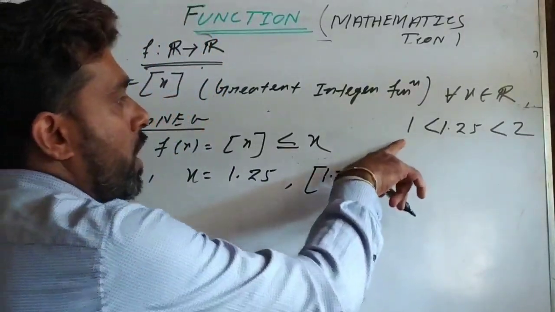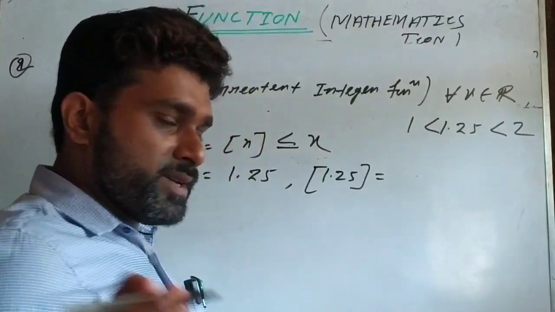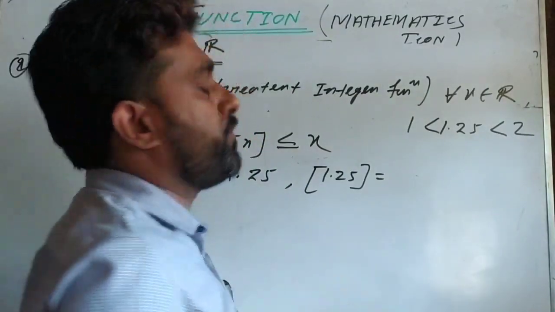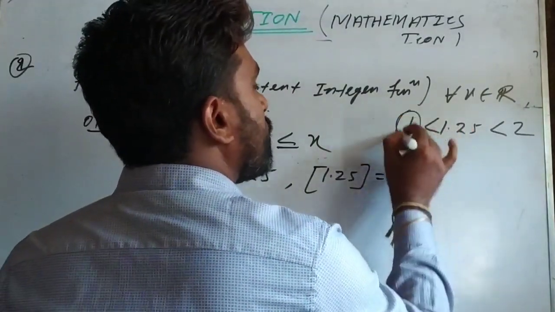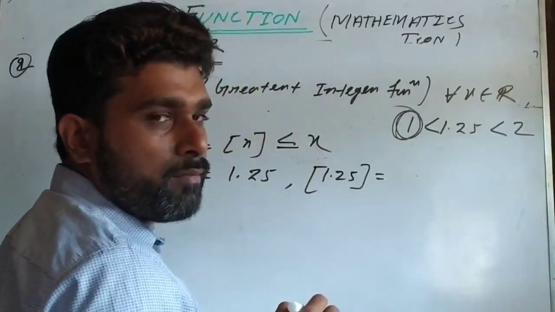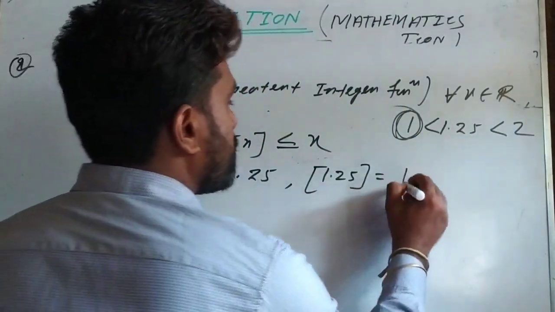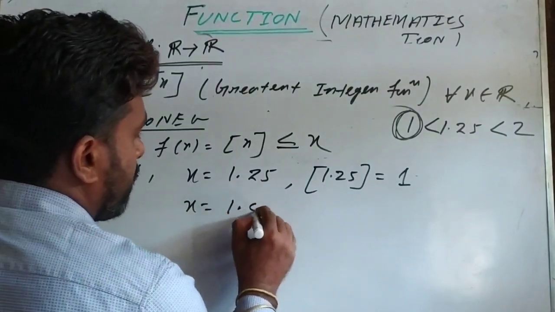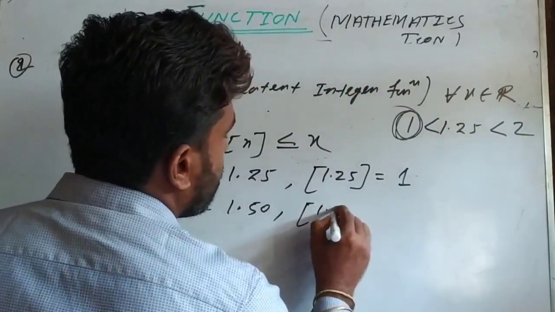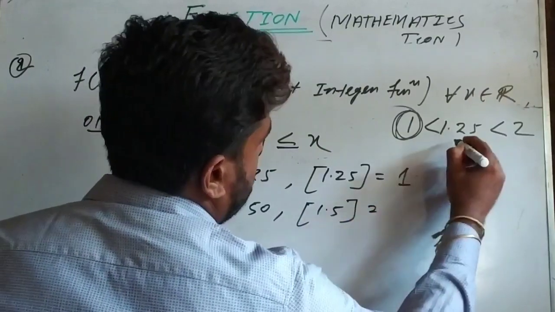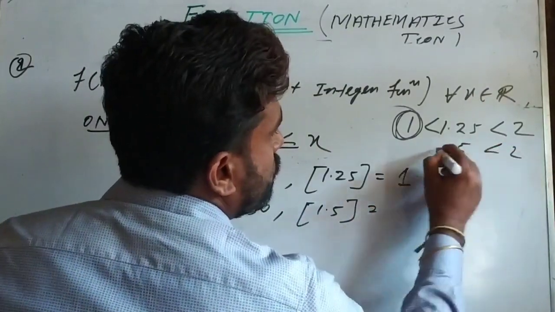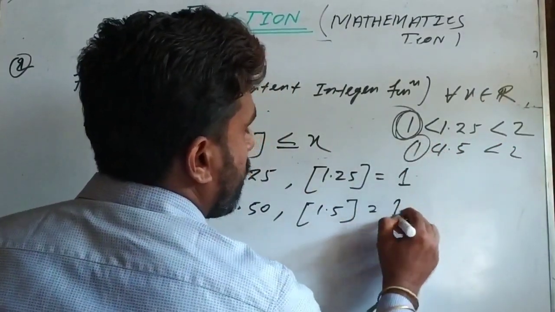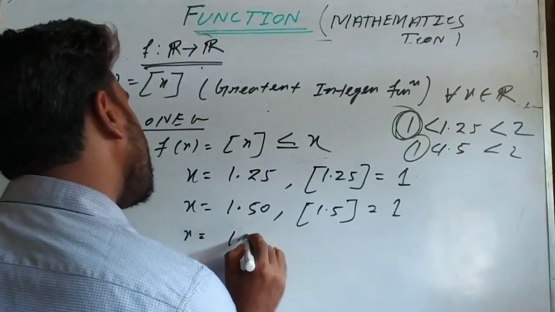Here you can see 1 and 2. 1.25 is lying between these two integer numbers. So in the greatest integer function, the answer will be this one, 1. If x equals 1.5, the answer is the same, 1. If you choose x equals 1.75, the answer is 1.